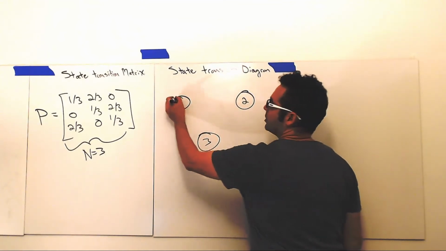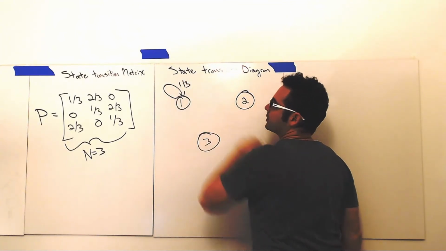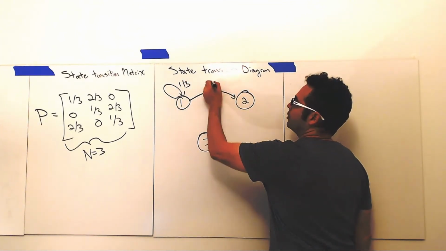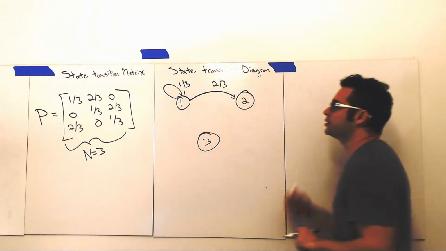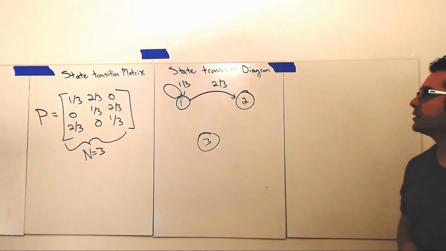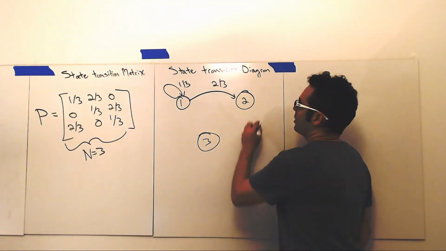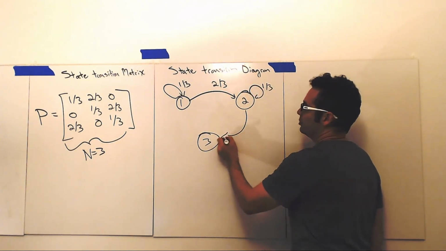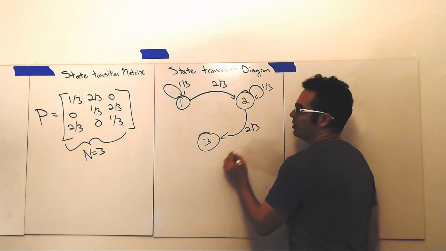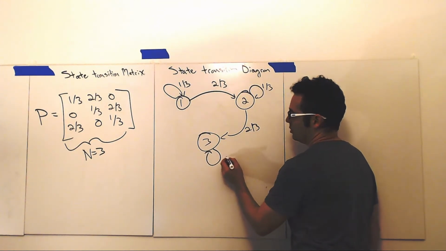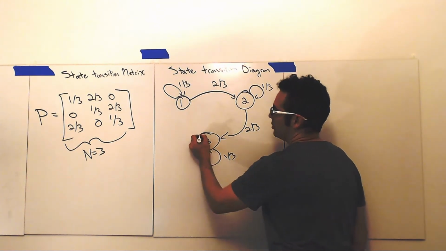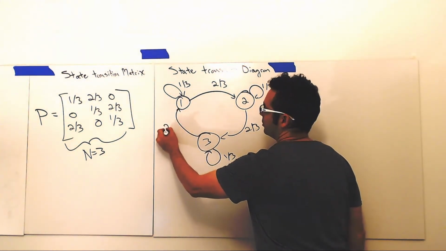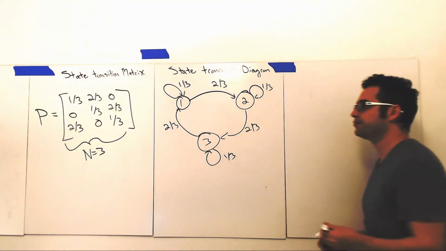So in this first row, we get 1/3 goes back to itself, 2/3 goes to 2. For 2, we get 1/3 goes back on itself, while 2/3 goes to 3. And finally, we have 1/3 and 2/3.